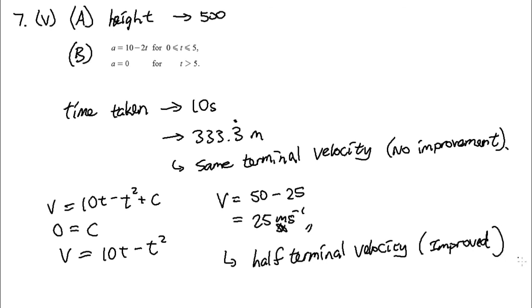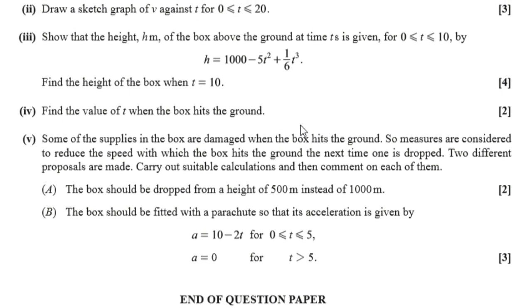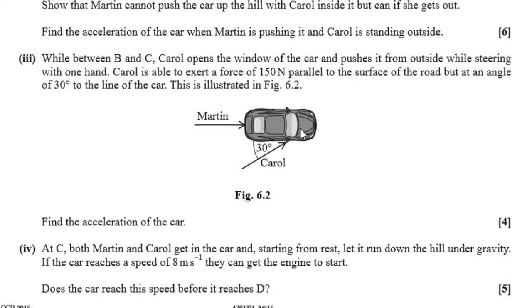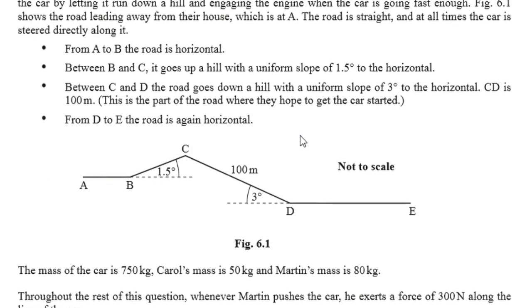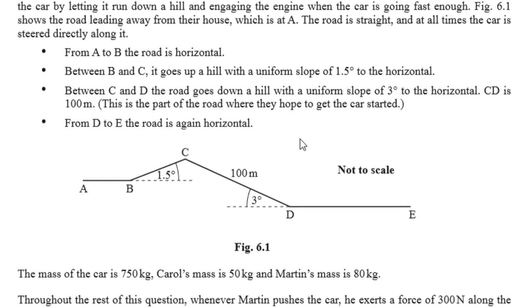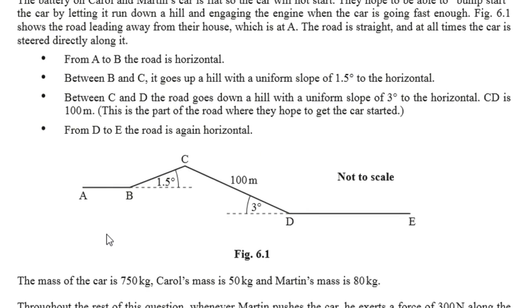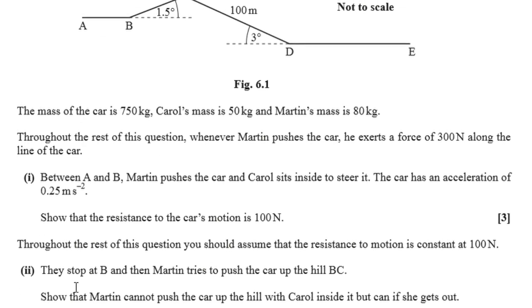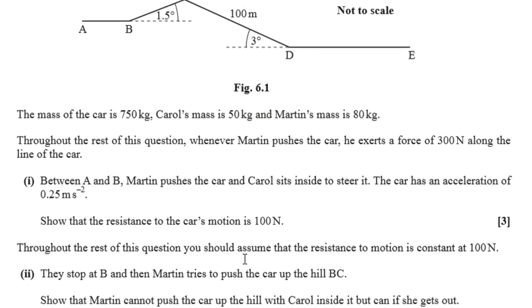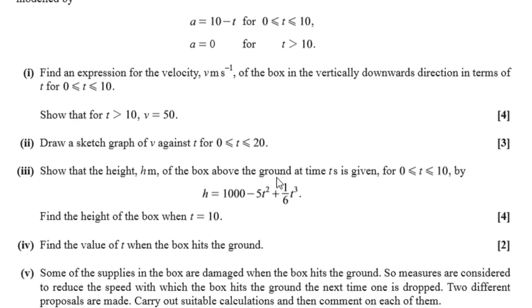So that's it for this question and the paper. For this section, it's really not too bad. It's sort of tricky in the fact that you have a lot of very similar things to calculate for question 6, and also for question 7.